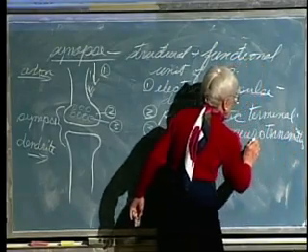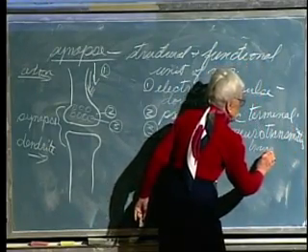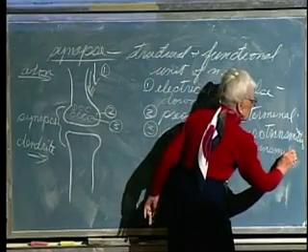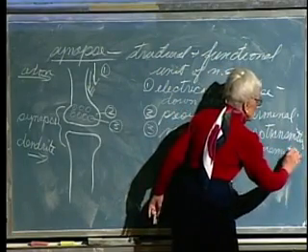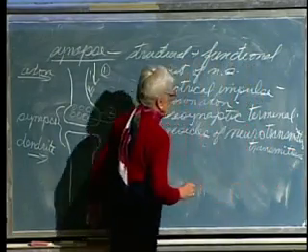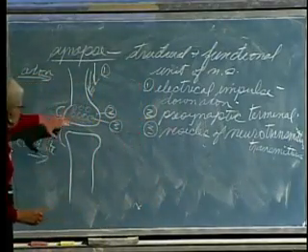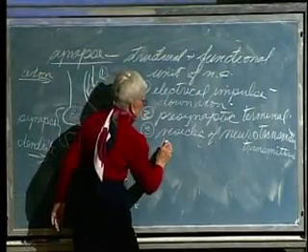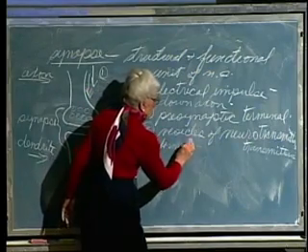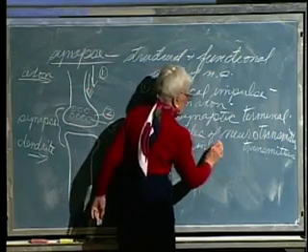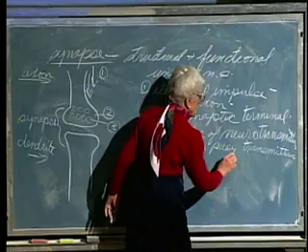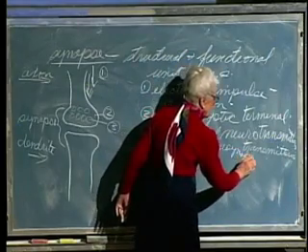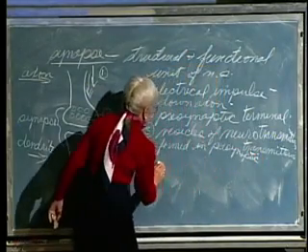Neurotransmitters, T-R-A-N-S-M-I-T-T-E-R-S. The neurotransmitters are formed in the presynaptic terminal.